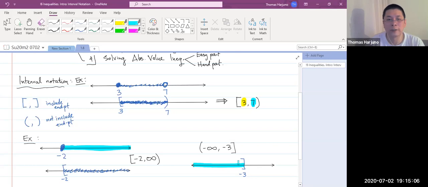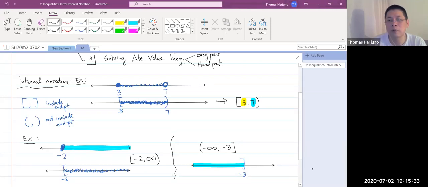Okay, that's what it means. So bracket if you include the endpoints, parentheses if you don't include the endpoints, and anything with infinity or -infinity means you use parentheses, okay?